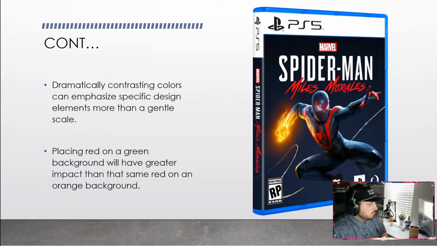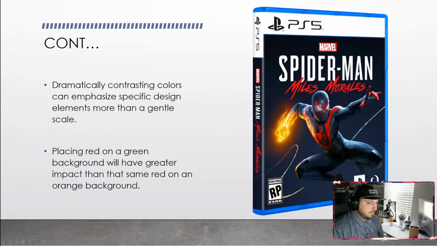Dramatically contrasting colors are going to emphasize specific design elements more than a gentle scale will. There's a reason why on this Spider-Man cover they chose the dark background with the bright fist with the emissive lightning coming off of it. They're saying, hey, you all know and love Spider-Man, but look what this Spider-Man can do.